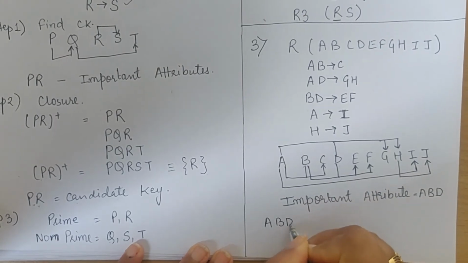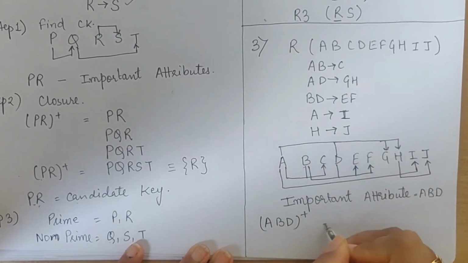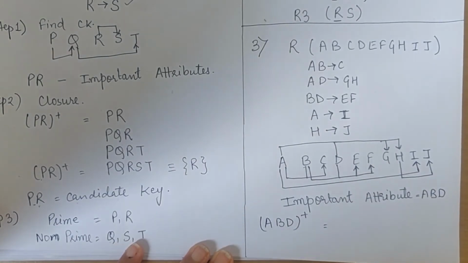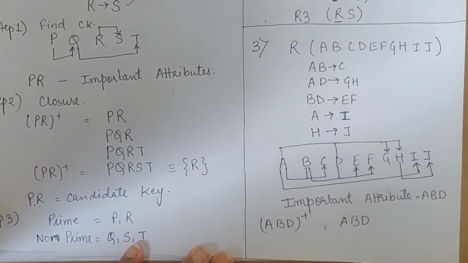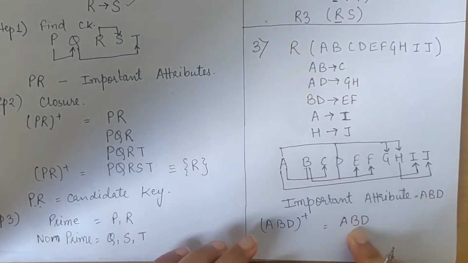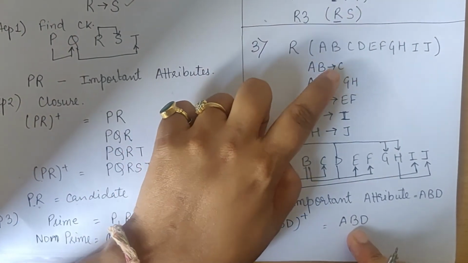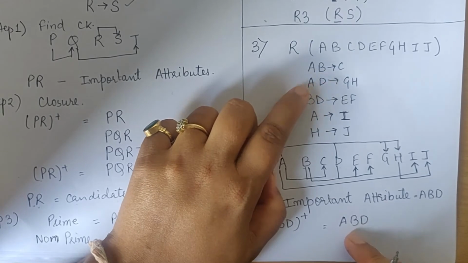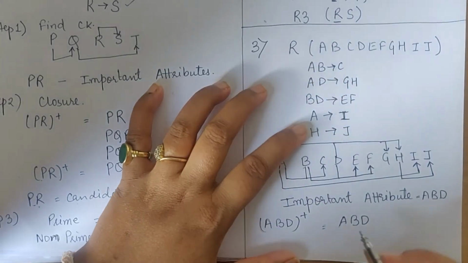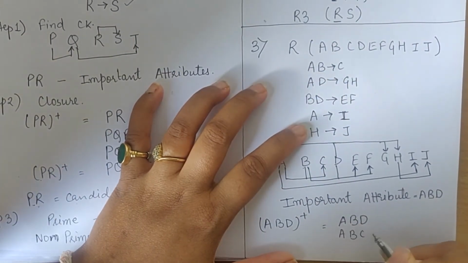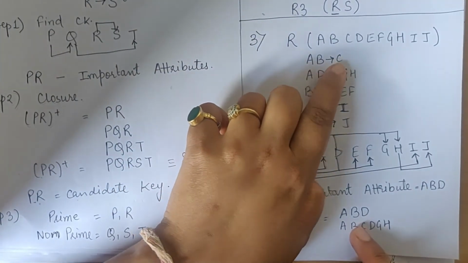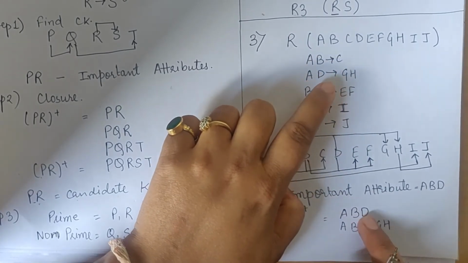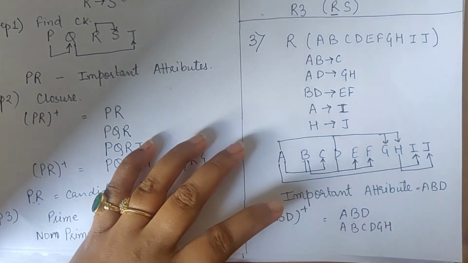So for ABD, I am calculating the closure. How to calculate the closure? First we write in the result set the attributes for which I am calculating the closure: ABD. Now AB determines C. Then AD determines GH. So can I write A, B, C, D, G and H? You understood, right? AB determines C, and AD is also present, so it will determine GH.